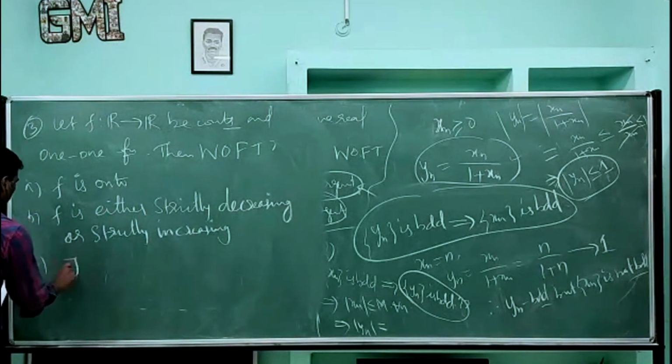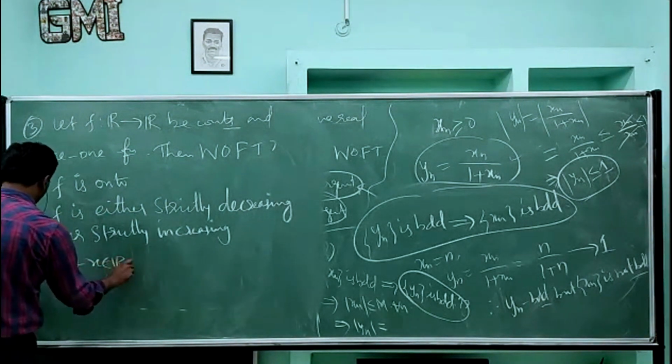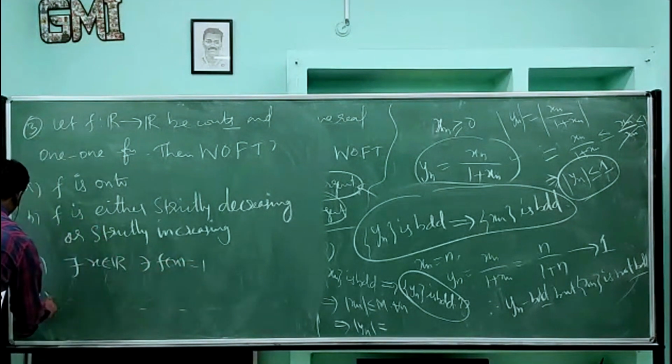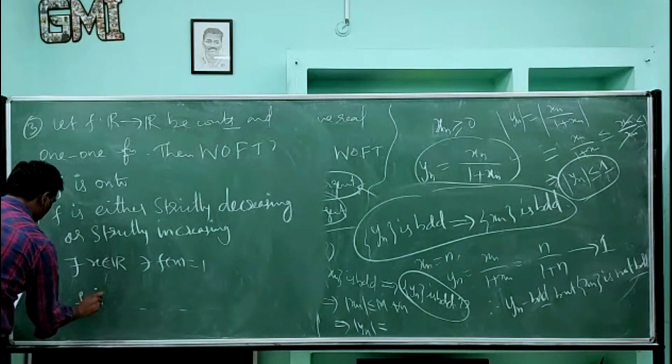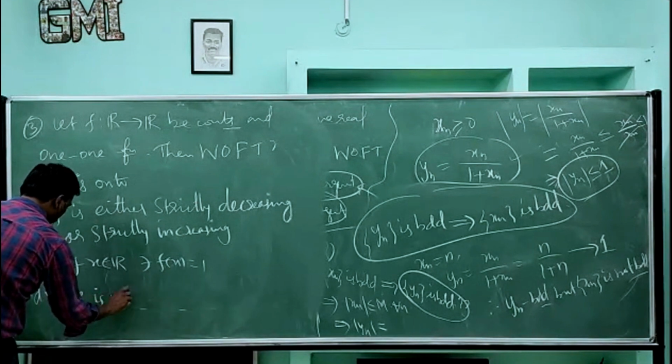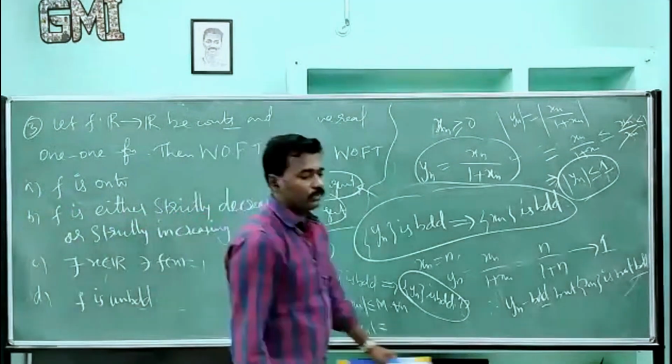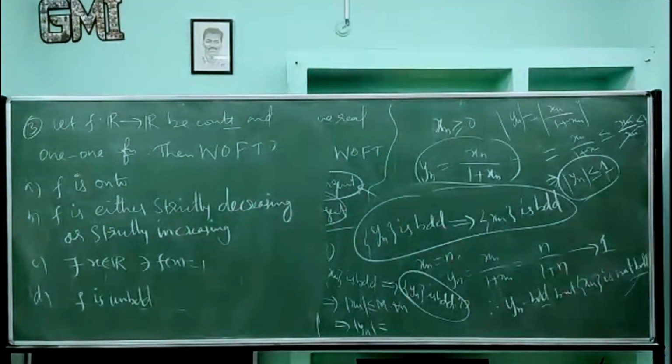Option C: there exists x in R such that f of x equals 1. Option D: f is unbounded. Which of the following are true? Just guess, please.